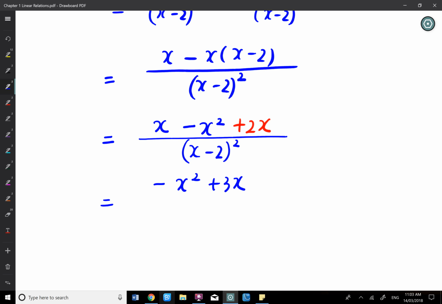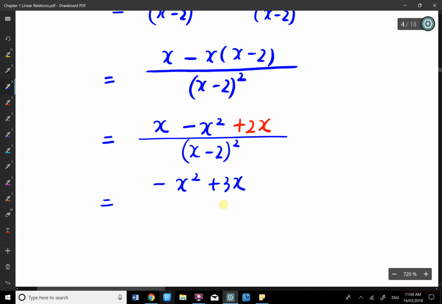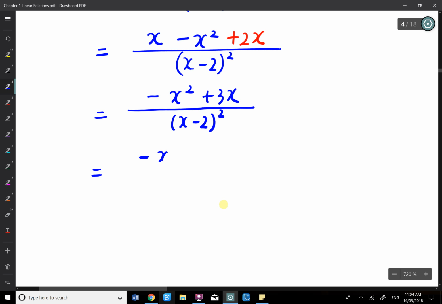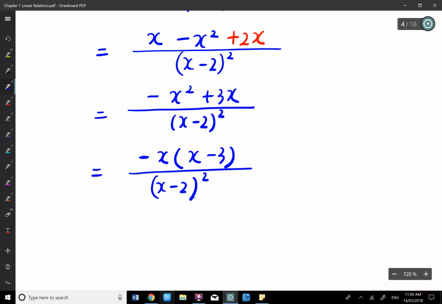Just keep this manner to write polynomials. So that's what we have. And I can factorize. I can take a minus x out on top, so I'm left with x minus 3. Because I want to see if there is anything that looks the same as the bottom, but we don't really have anything, so the answer will be just like this.